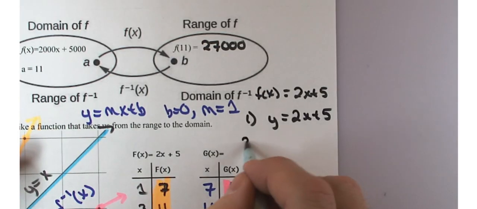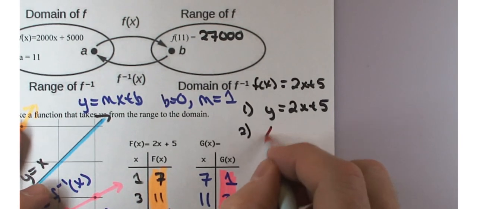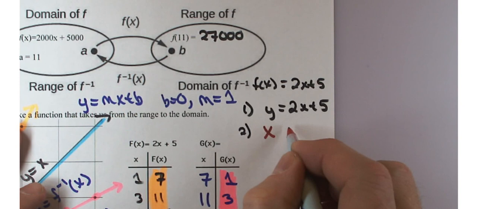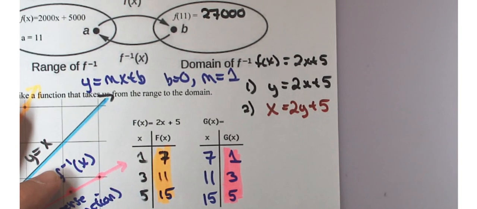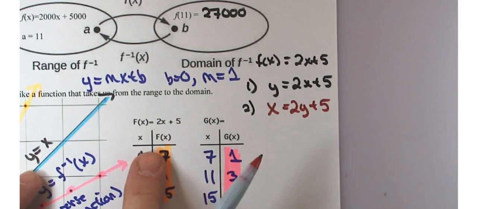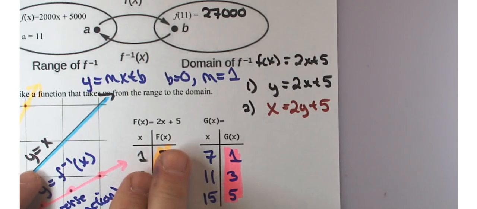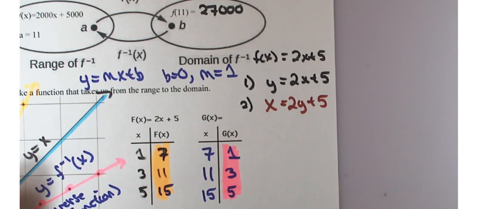The second step is to interchange x and y. That's going to mean x equals 2y plus 5. Now that interchange step kind of reflects what we did here. To go from the function to the inverse, we swapped coordinates. We interchanged x and y. So we're doing the same kind of thing, just in general terms.